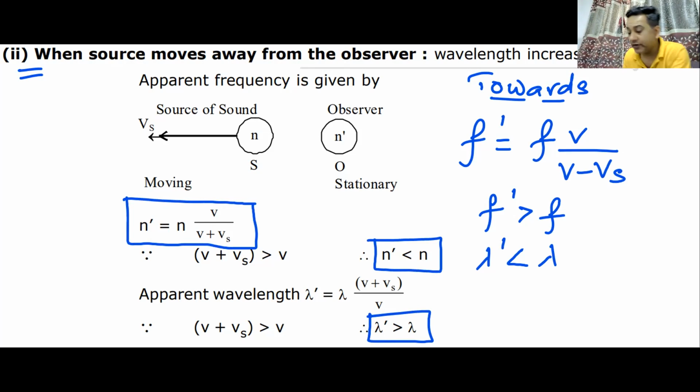Today we will start with the next case. And no prizes for guessing what will happen in the next case. Tell me what will happen in the next case, beta. In the previous two cases, the source was moving and the observer was stationary.